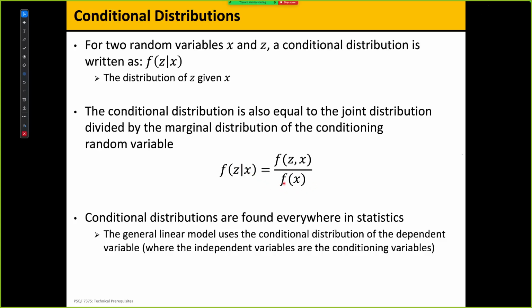And therein lies why I could have shown you what I did last week and have it be related to linear models. Last week, I showed you the regression of predicting job performance by IQ, but I did that as a joint distribution right here. If I put that into the LM function, it would be a conditional distribution, f of job performance conditional on IQ.